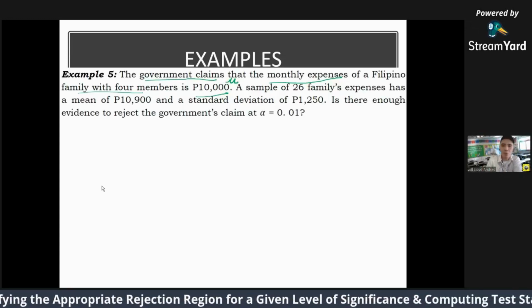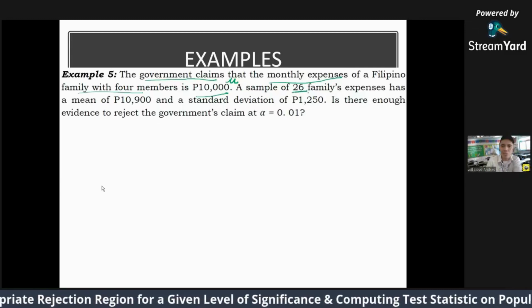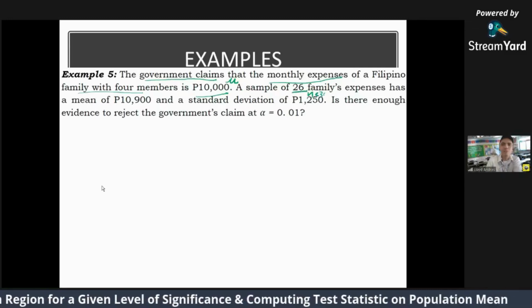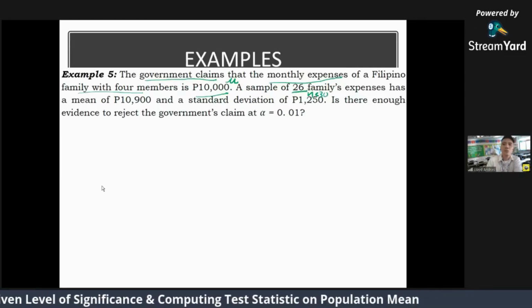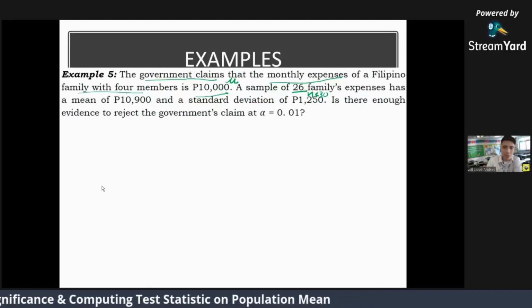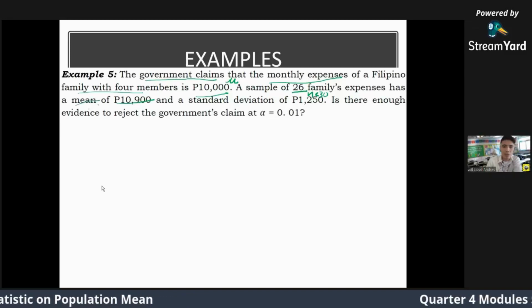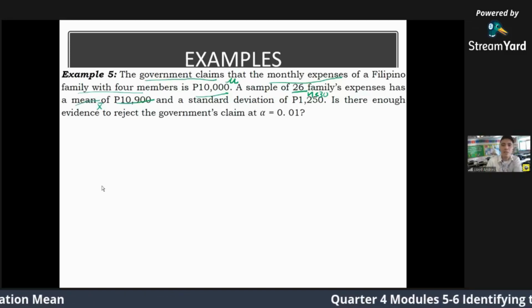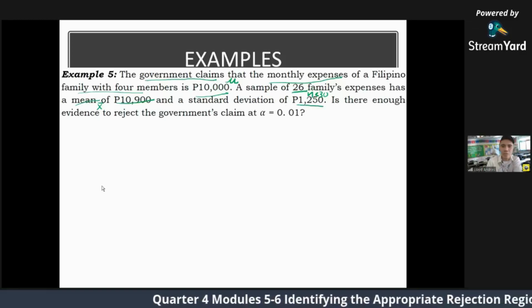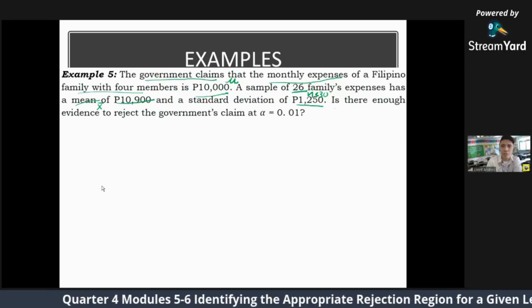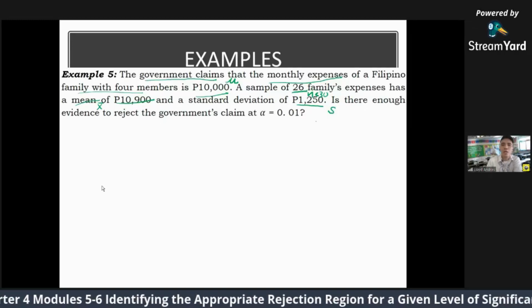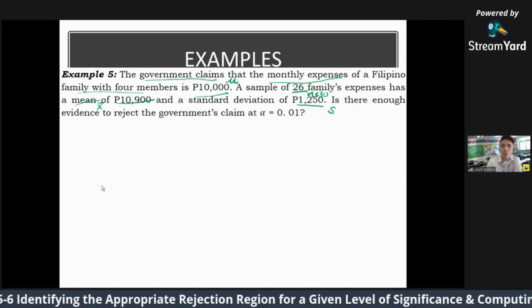Then a sample n which is less than 30, with a sample mean, X bar, of 10,900, and a standard deviation of 1,250. Since it is in the statement about the sample, this is our S. Then our alpha is this one.